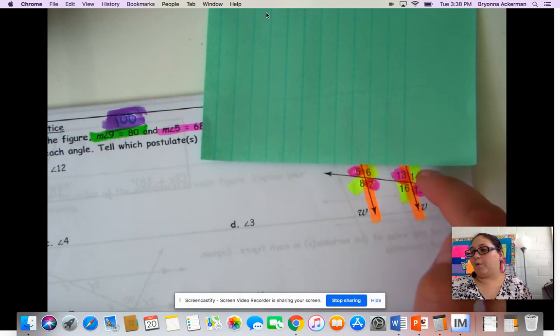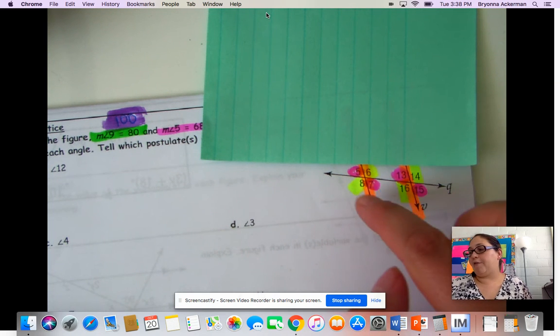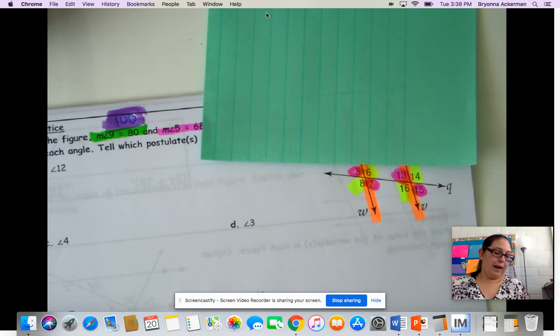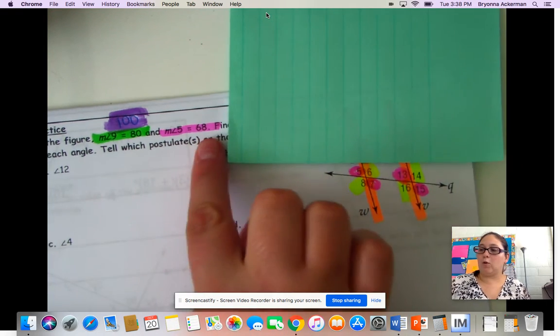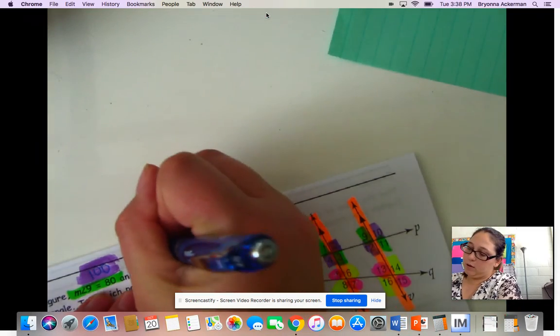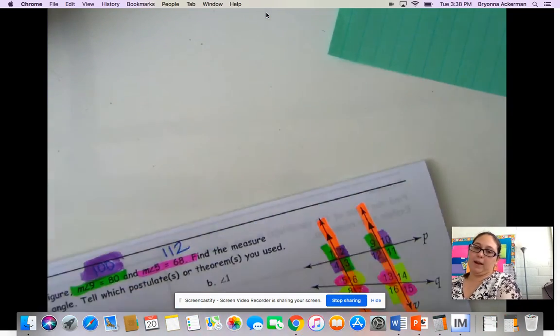So for example, 5 and 8 are linear pairs. So that means those are supplementary. So I have 180 degrees total minus pink, and pink I was told was 68 degrees. And so that tells me that 112 are all of my yellow.